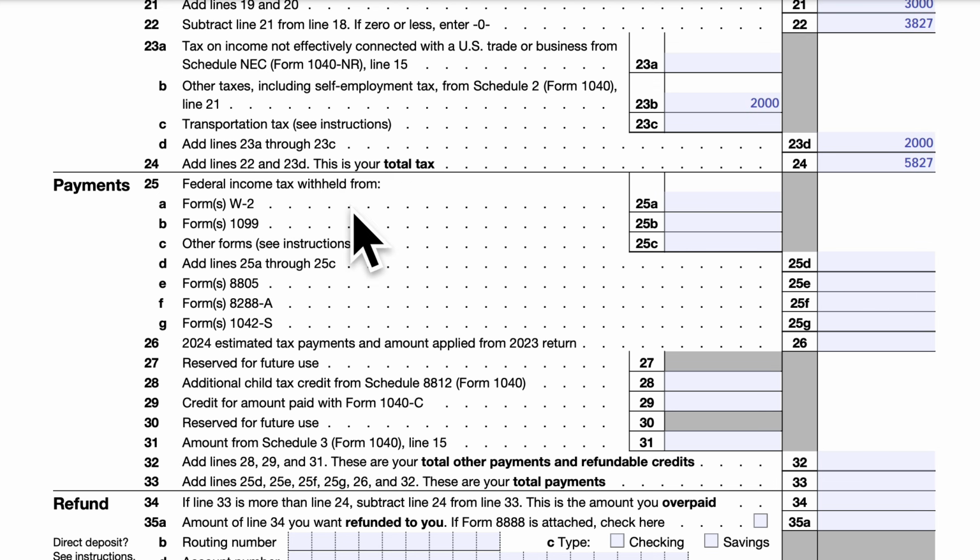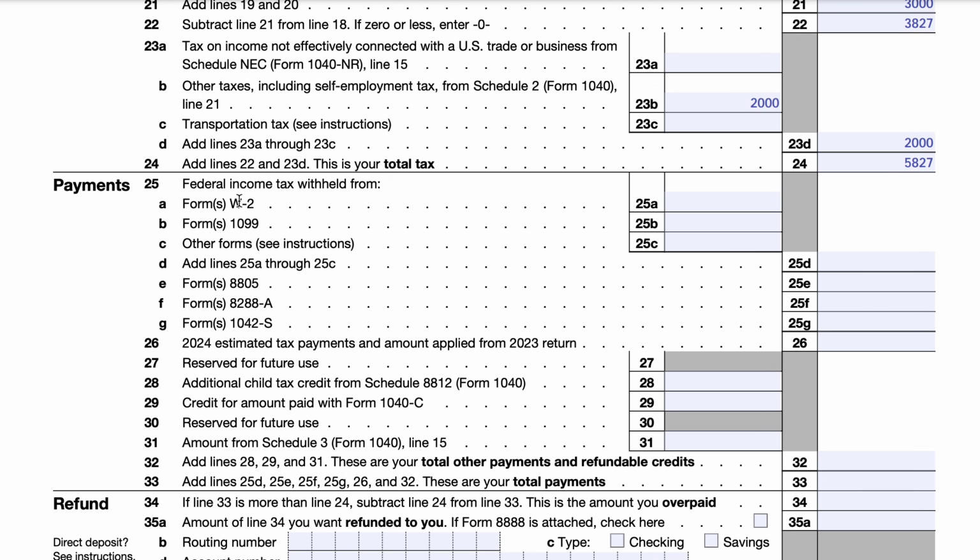You would do that on Form W-4. We'll put a link in the show notes to W-4 as well as Form W-4P, which will help you if you're receiving retirement income, which would be reported on a Form 1099, for example. So a lot of people with pensions may have tax withholding questions.